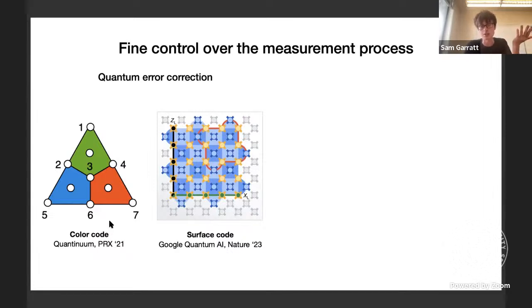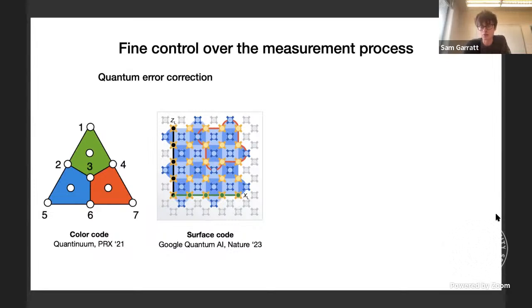This has now actually been implemented in a number of different places. This is a figure taken from a paper by Quantinuum where they studied this for something called the color code. Google Quantum AI have been working on developing the surface code, which is also known as the toric code with open boundary conditions.